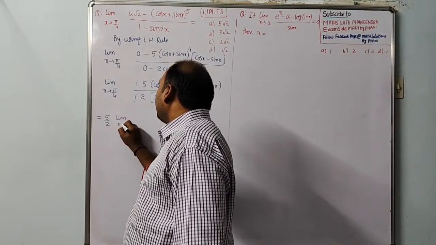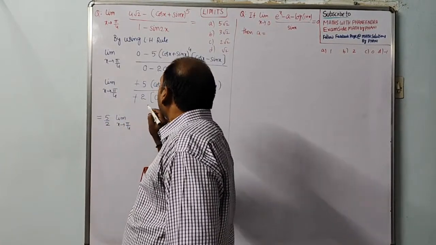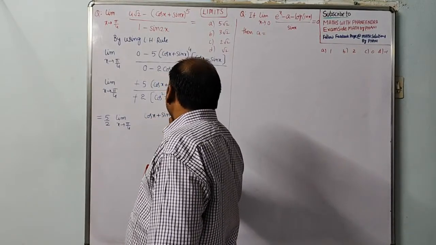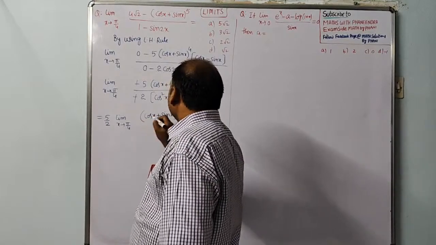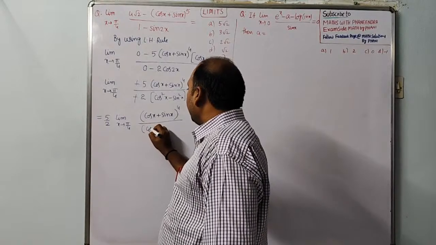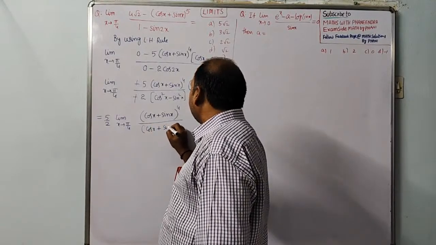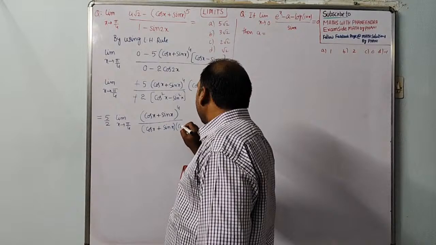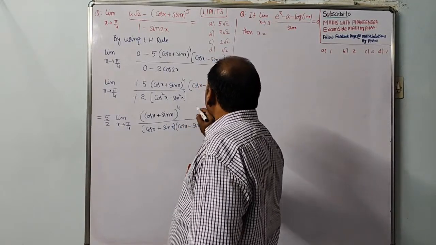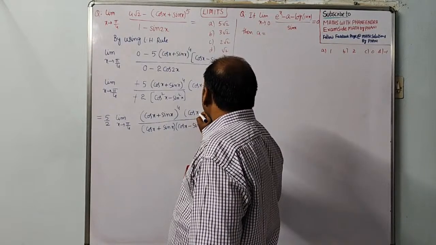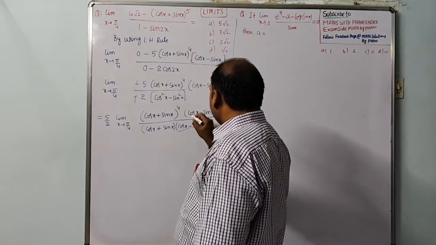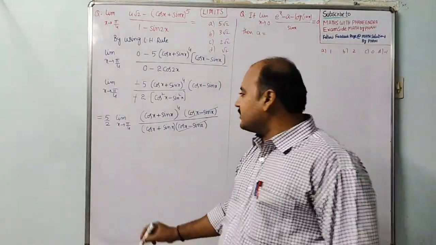Limit x tends to pi by 4, cos x plus sin x whole power 4 divided by a square minus b square, which we will write as cos x plus sin x into cos x minus sin x into cos x minus sin x. Here cos x minus sin x, cos x minus sin x get cancelled.